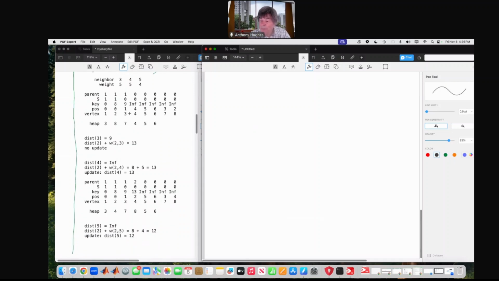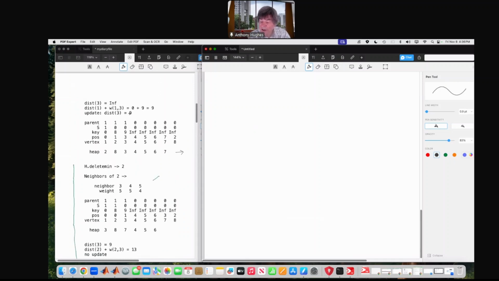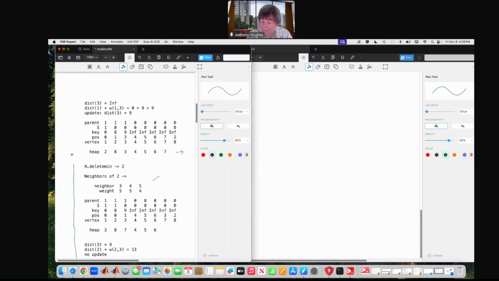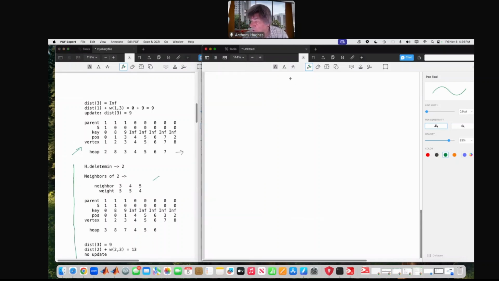First of all, I go to the tree just before, then I have to go up just a second to look at the current state. We've got 7 vertices, 1, 2, 3, 4, 5, 6, 7.